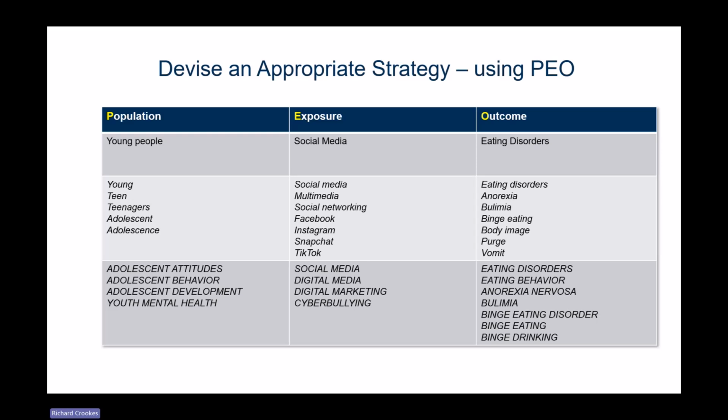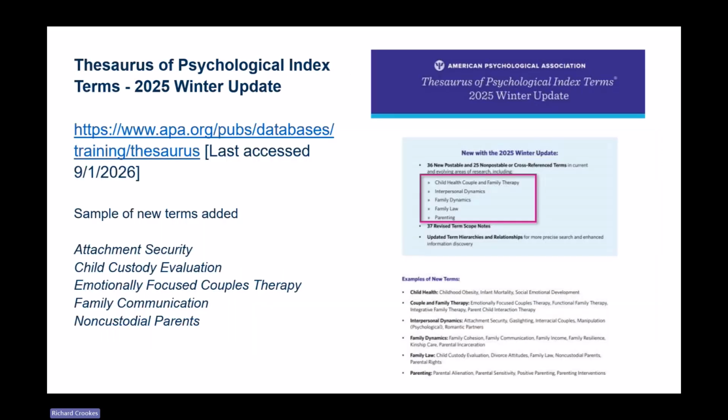Now, before we get any further, I also want to mention the recent update to the thesaurus as well. So there are periodic updates, of course, as you might appreciate, of the APA Thesaurus with societal changes, cultural changes. Things that were once referred to are no longer appropriate, of course. They get superseded. So you see a sample of new terms added, things that may be more popular now than they were before.